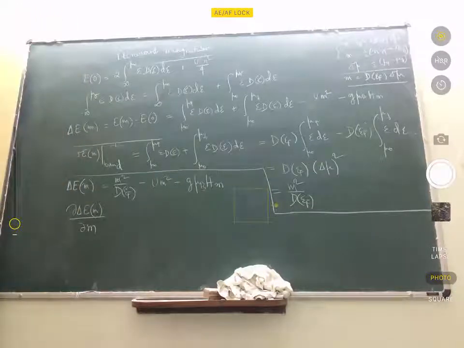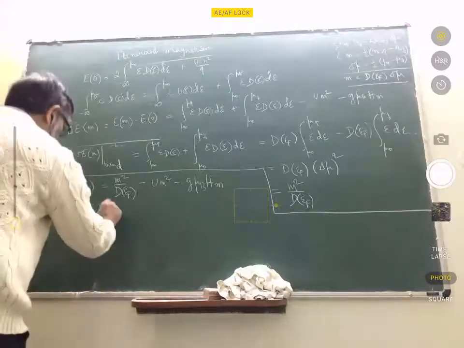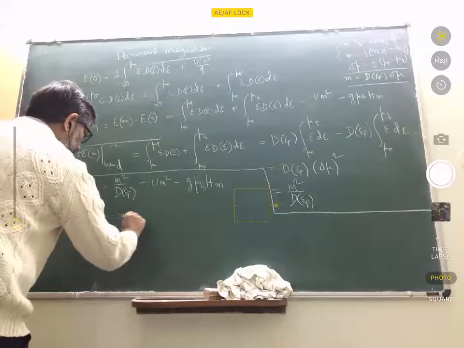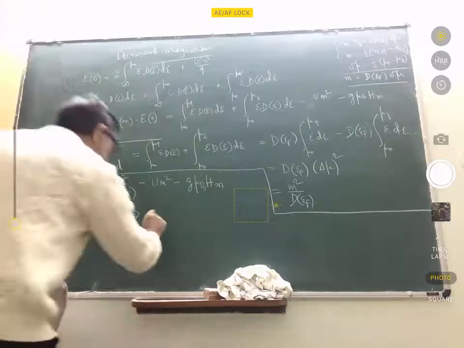So we're trying to find out which value of m would minimize this energy. So we put this equal to 0, and you can easily work that out.